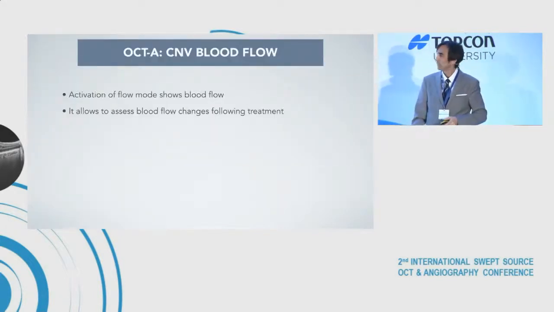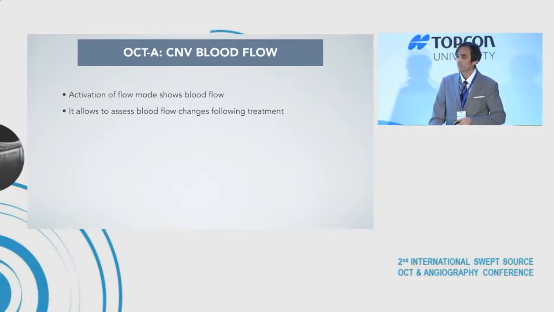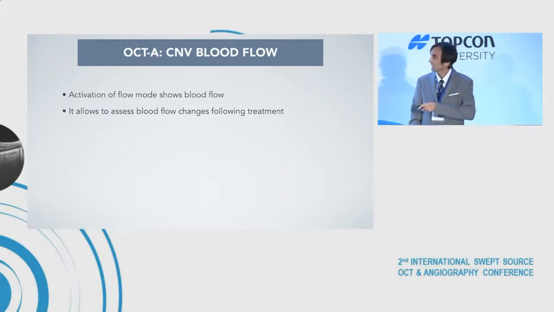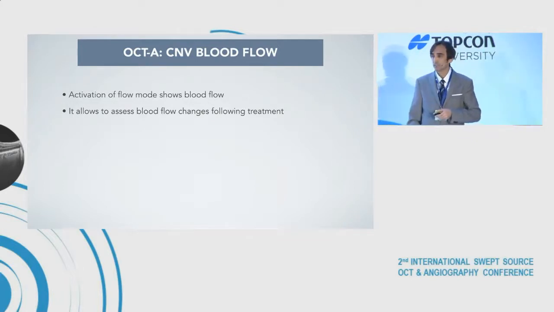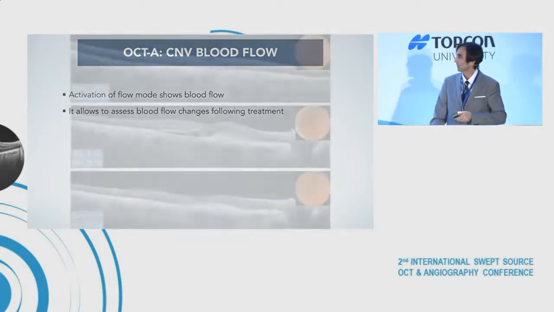Furthermore, OCT angiography can be very helpful to assess blood flow with the activation of flow mode that shows the blood flow. It allows us to assess blood flow changes following intravitreal therapy over time.